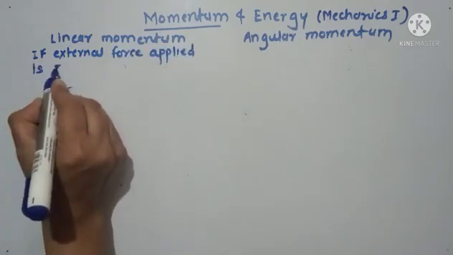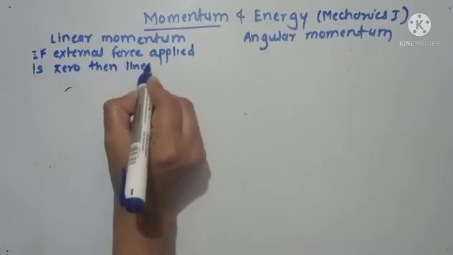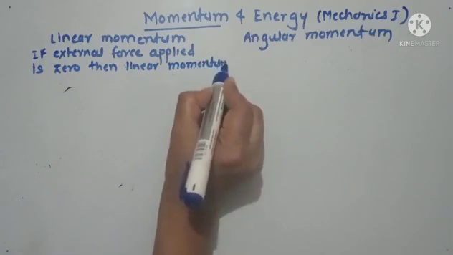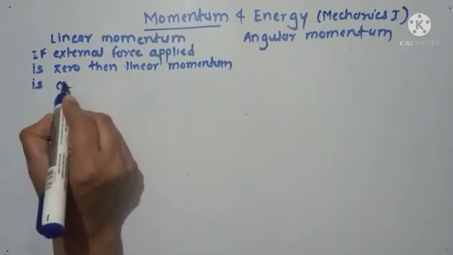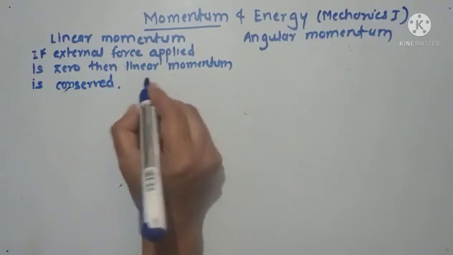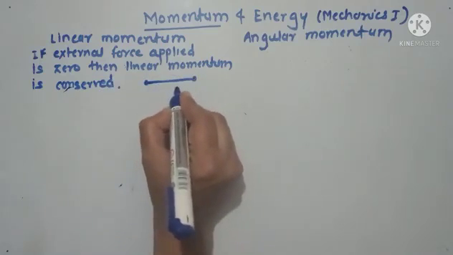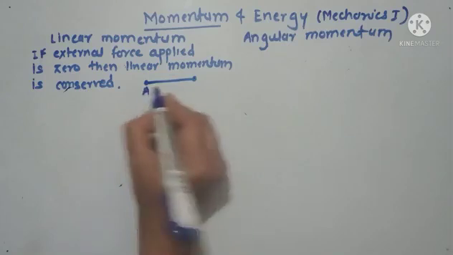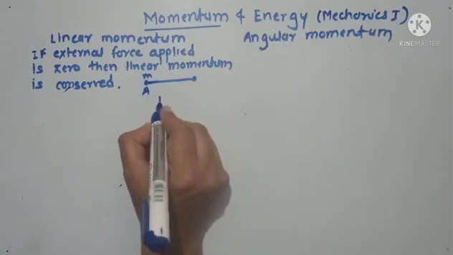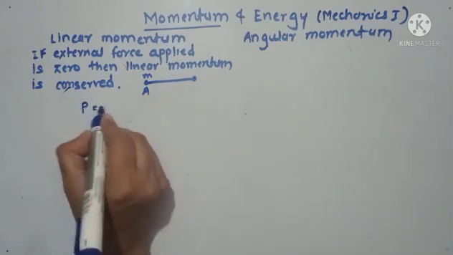As we have already seen, if the particle is moving in a straight line, linear momentum is associated with it. Suppose this is A having mass m and it is moving with the velocity v, so the momentum is given by p is equal to mv.